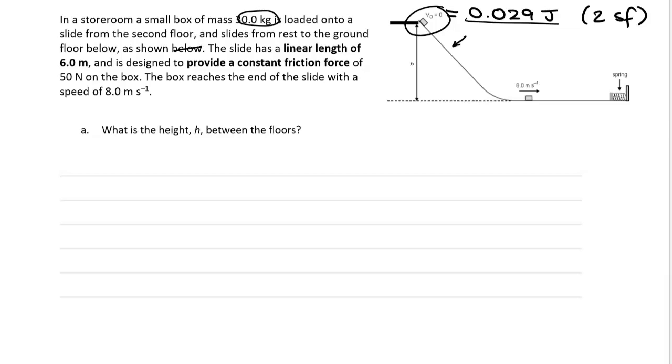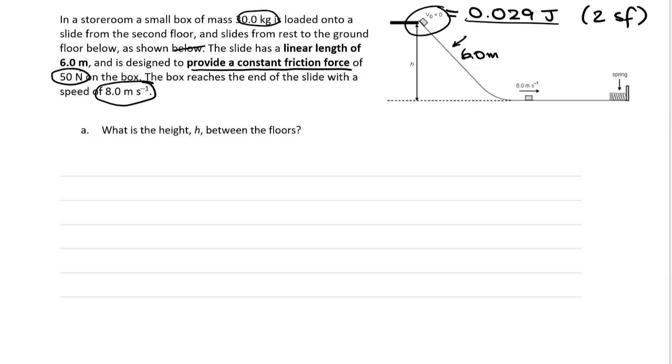The slide has a linear length of 6 metres, so this length along here, 6 metres. And it's designed to provide a constant friction force of 50 newtons on the box. The box reaches the end of the slide with a speed of 8 metres per second. What is the height h between the floors?